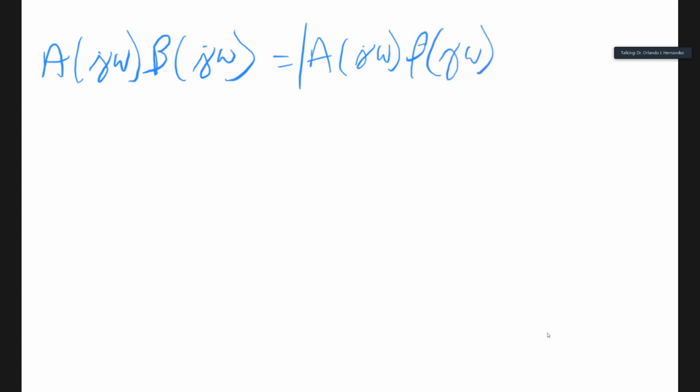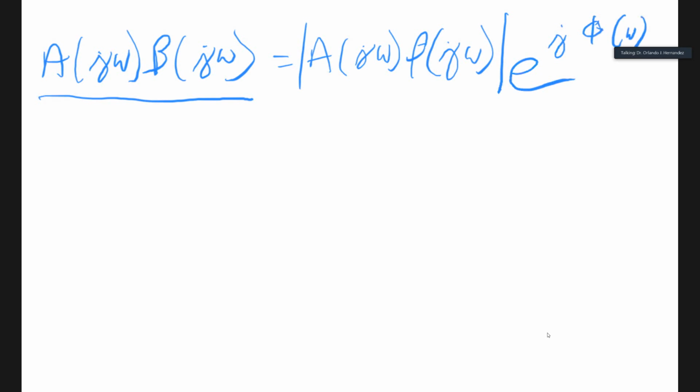So what this is saying is that, since this is a complex quantity, in polar coordinates it's going to have a magnitude and an angle. And that angle is also going to be a function of frequency. Okay?